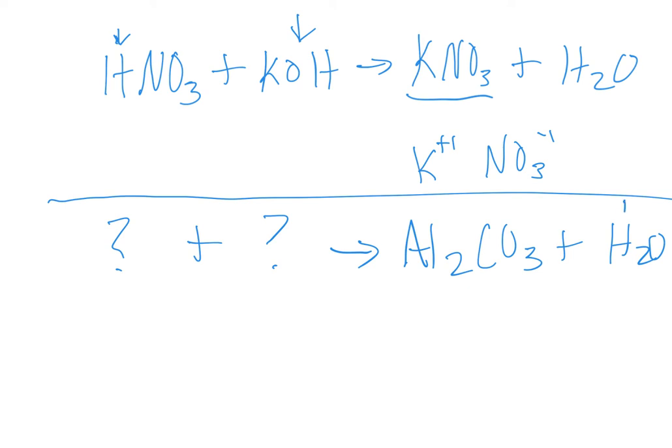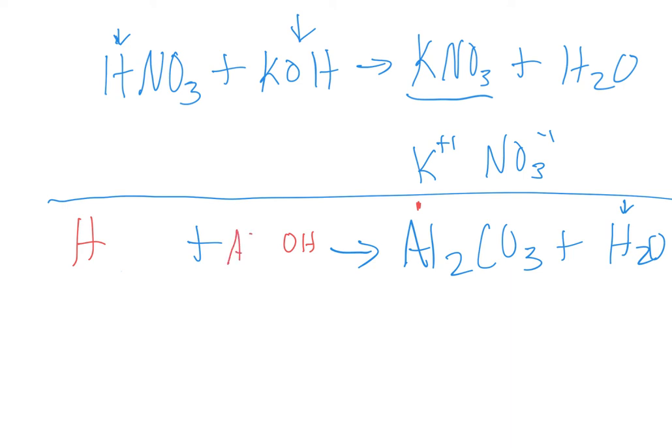So the very first thing to do is you take and split your water molecules. So you know that your water molecule is going to form an H, and there's going to be something with an OH, right? You know that. And since you have a positive ion here, the positive ion is going to have to go over here.